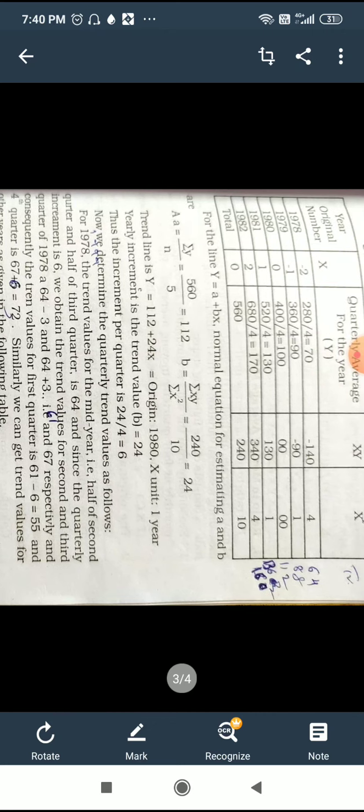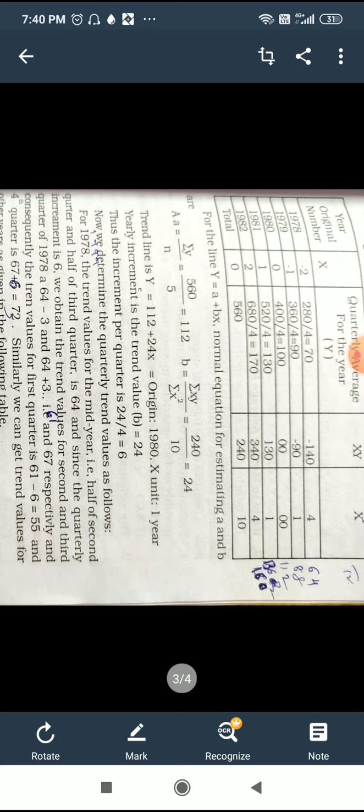In this ratio to trend method, this b value is the inflation value for the year. By substituting the a, b and x values, we will find the trend value, which I am showing in the last column, written by pen.